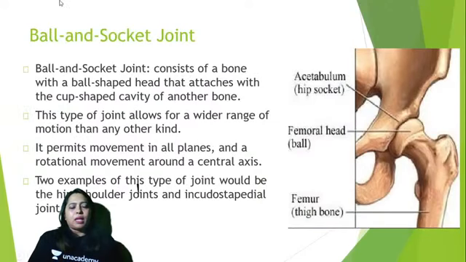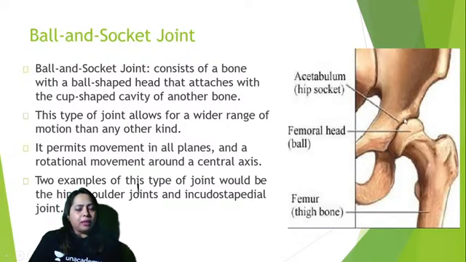Next, you have the ball and socket type of joint. In the ball and socket type of joint, there is the head of the femur which articulates with the acetabular socket. The acetabular socket actually looks like a complete socket, but it is not. There is a deficient area in the lower aspect.